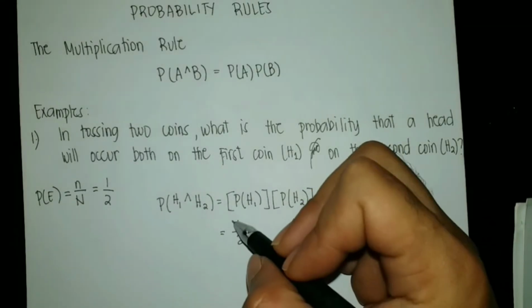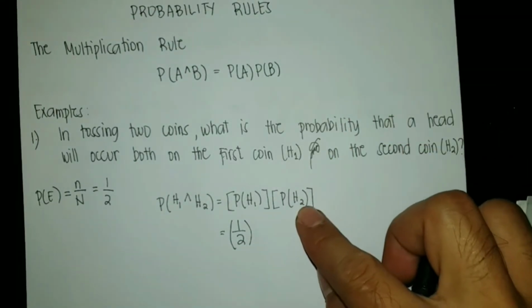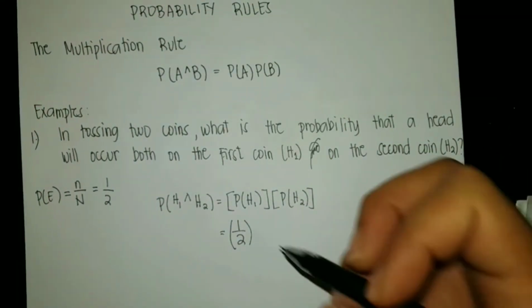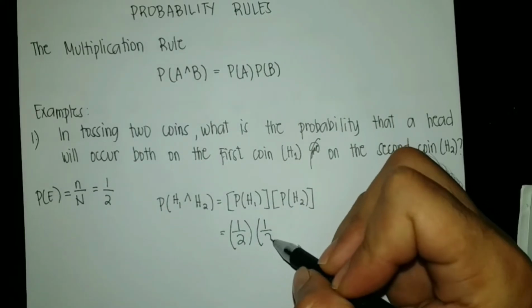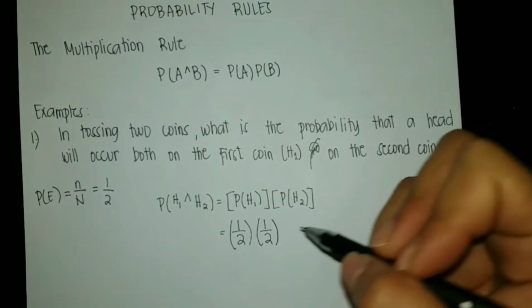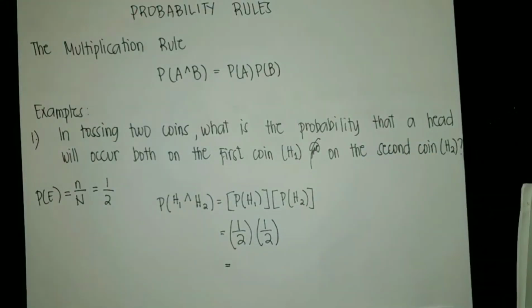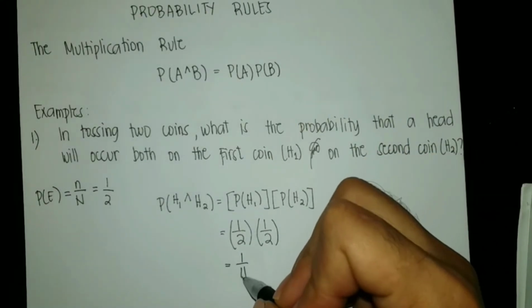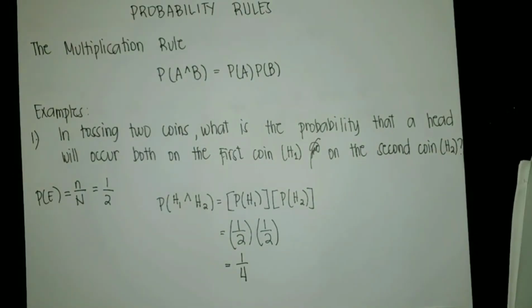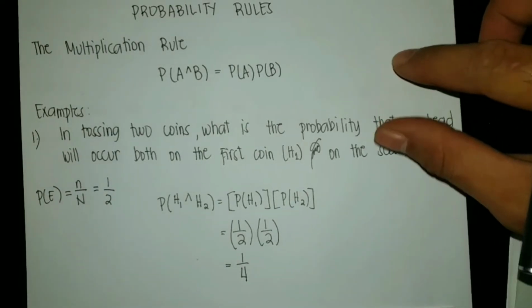Then the probability of obtaining another head on one coin is also 1/2. So multiplying now, 1/2 multiplied by 1/2 is equal to 1/4. Therefore, the probability of obtaining both heads on tossing two coins will be 1/4.